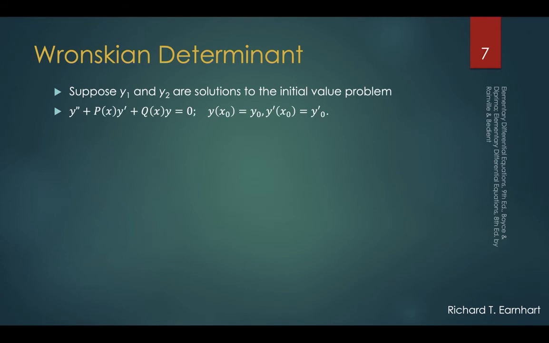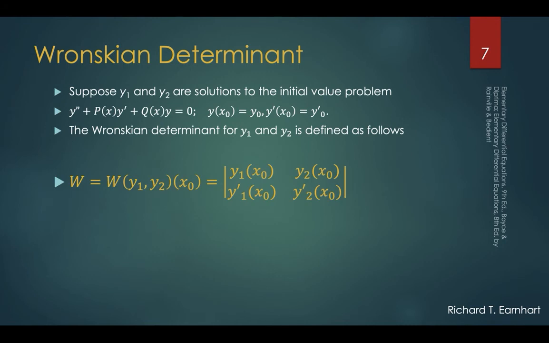Okay, in the standard form, we have the initial value problem, the second order differential equation, and then the initial conditions. The Wronskian determinant for the solutions y1 and y2 will be defined as follows.